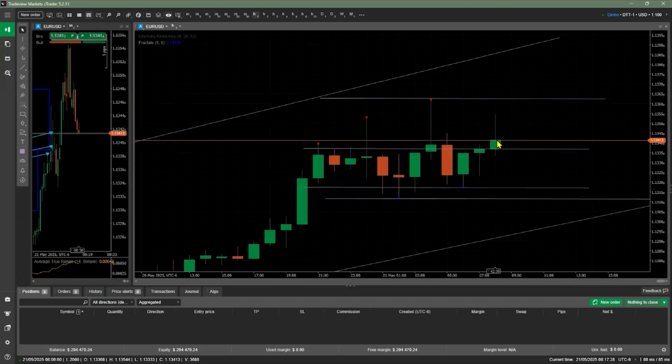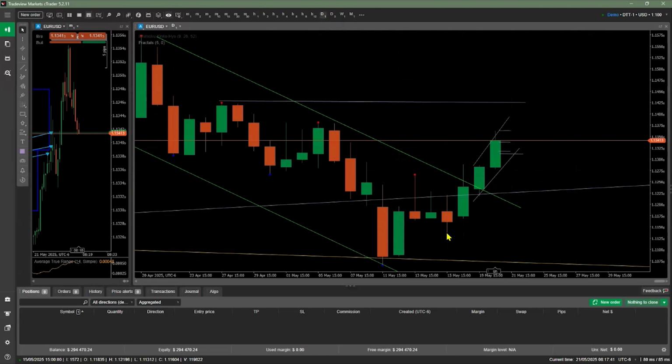The bias is as simple as it gets, right? Are we moving towards something or are we moving away from something? And in this case, we're moving away from this blue dot towards this red dot.